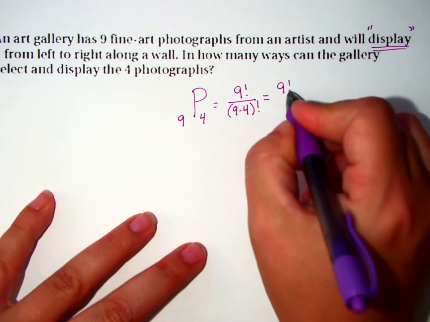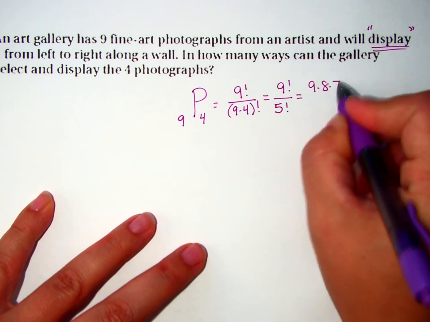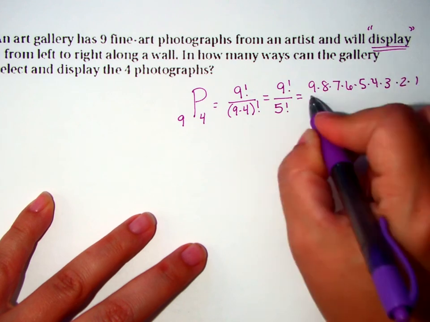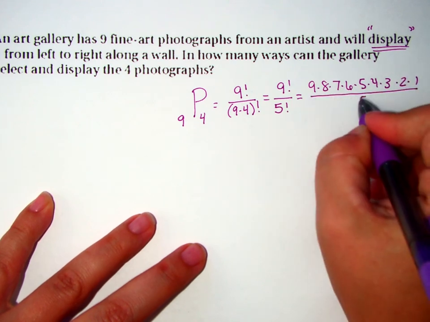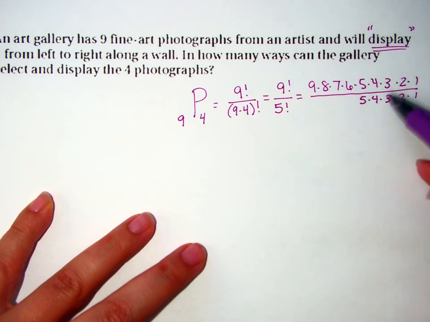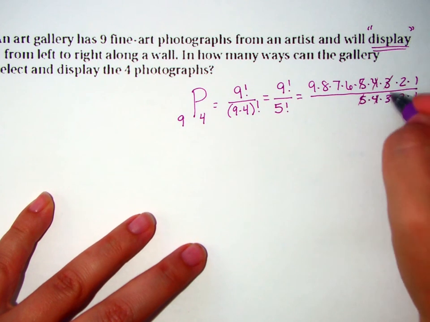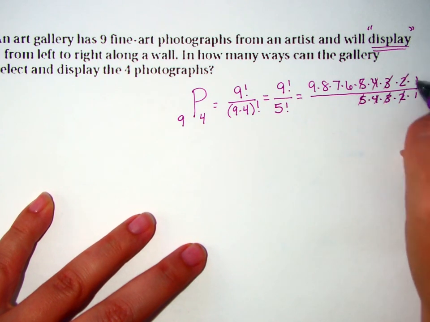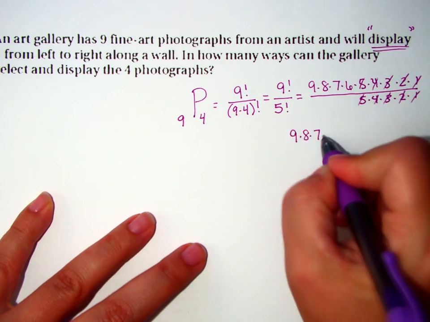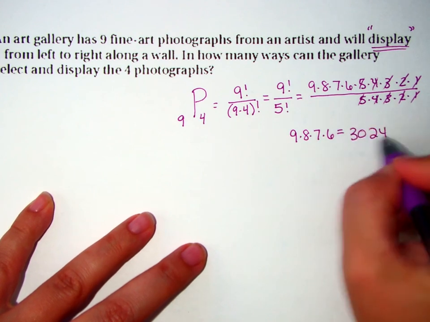So 9 factorial over 5 factorial. 9 times 8 times 7 times 6 times 5 times 4 times 3 times 2 times 1 over, and I'll put it right under, 5, 4, 3, 2, 1. So all of these just divide out to be 1. 5 divided by 5 is 1, 4 divided by 4 is 1, 3 divided by 3 is 1, 2 divided by 2 is 1, 1 divided by 1 is 1. So I'm really only left with 9 times 8 times 7 times 6, and if you put that in your calculator, you will get the same answer.